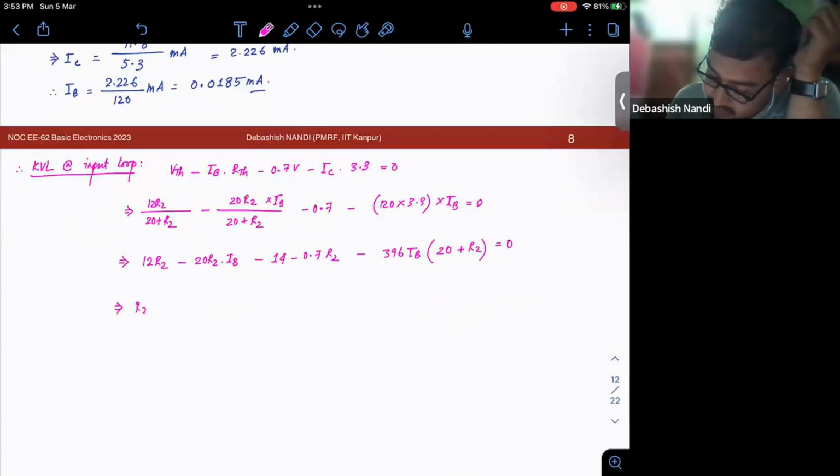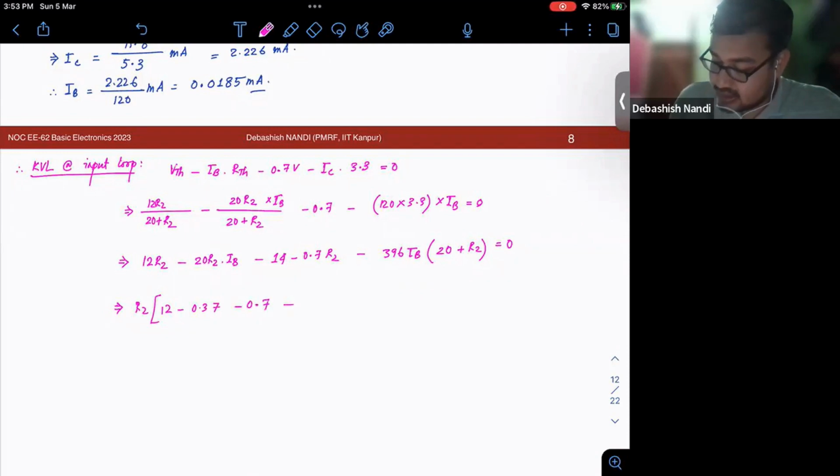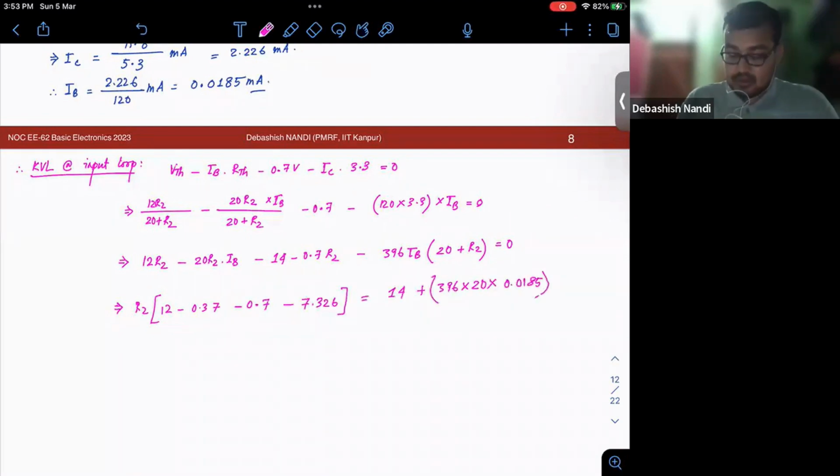Right? So your R2, if I take common, then 12 minus 20 into IB, 20 into 0.0185 is 0.37, minus 0.7, minus 396 into IB, 396 into 0.0185, that is 7.326, is equal to 14 plus 396 into 20 into 0.0185, plus 20, which is 166.